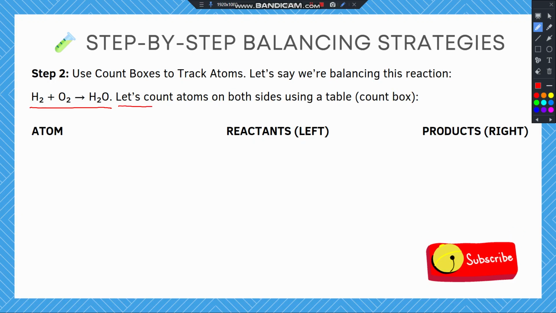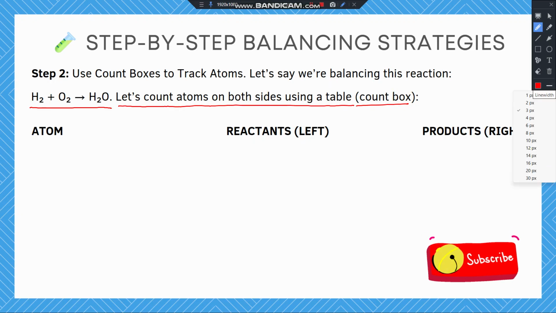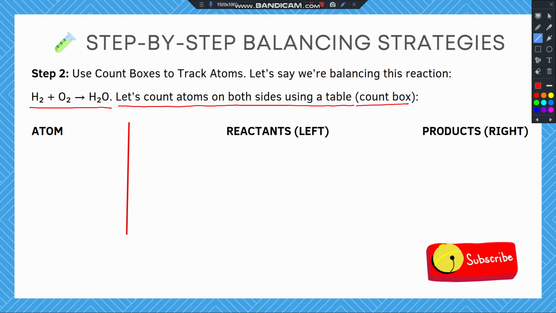The first thing to do is to count the atoms on both sides using a table. That table is going to be our count box. So let's draw out the table. Now we have the table that shows, first of all, the atoms. So let's separate the table using vertical lines.